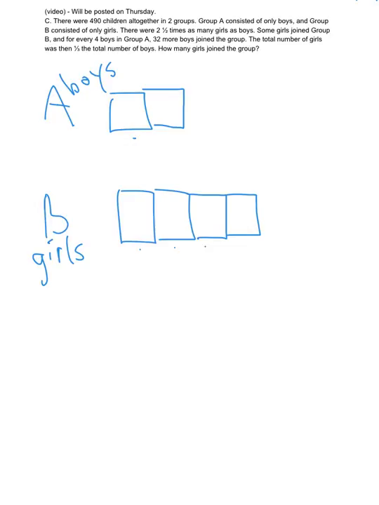2 units, 2 units. That's twice as much as the boys. I need 2.5 times. So let's see. Well, if the boys right now are 2 units, and the girls are 2 of these 2 units, that's 2 times as many.